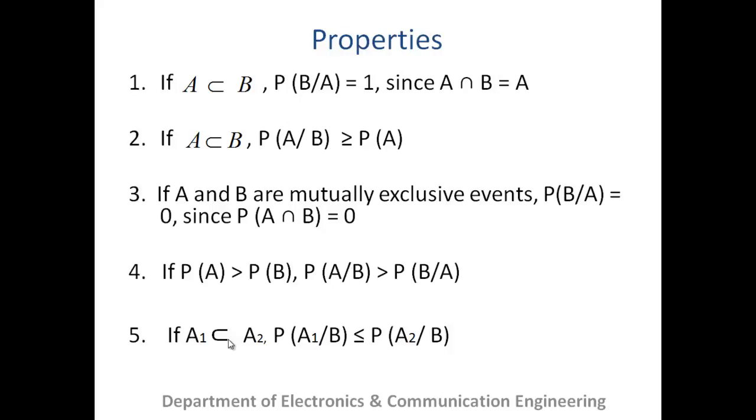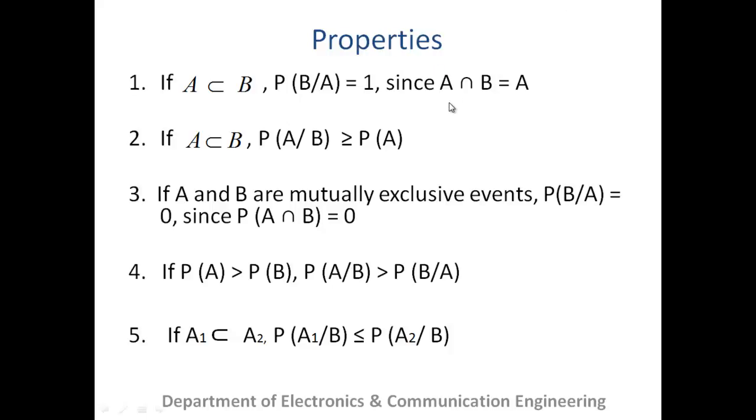The first property is that if A is a subset of B, then the probability of B given that A has already occurred is equal to 1, because this is obtained as the probability of A intersection B divided by the probability of A. The probability of B intersection A yields the probability of A divided by the probability of A, which gives the result equal to 1.